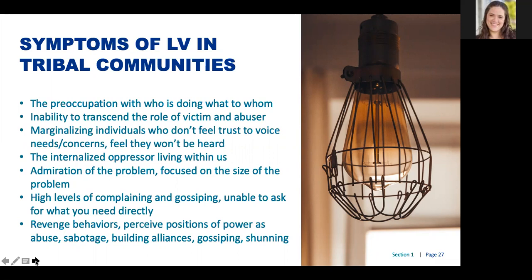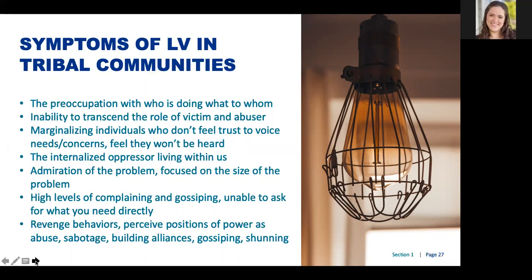We change those roles depending on the circumstances and the people that we're with. It's when marginalized individuals don't feel trust or have their needs met, don't feel that they have a voice, don't feel like they can be heard. And she talks about it as the internalized oppressor that lives within us, which I thought was really fascinating.